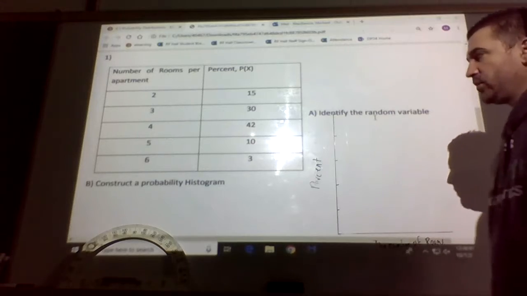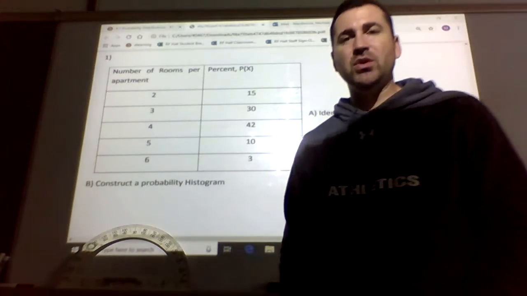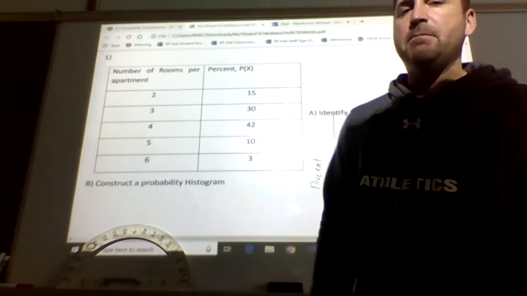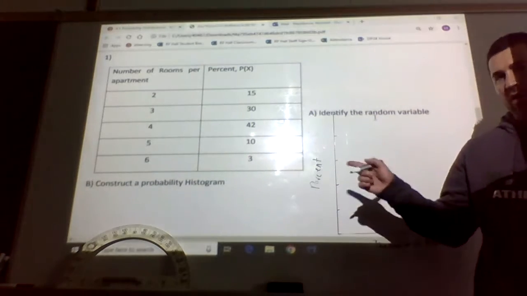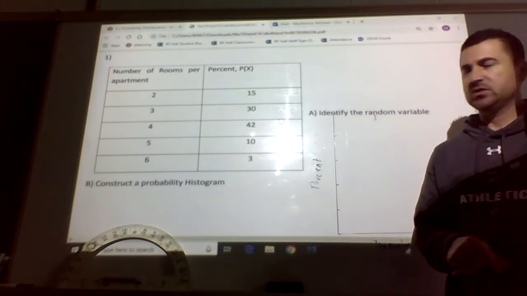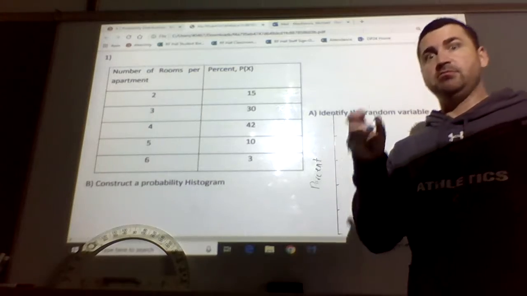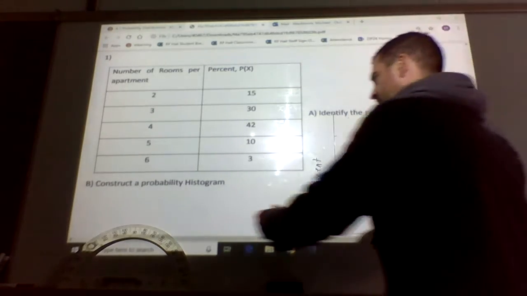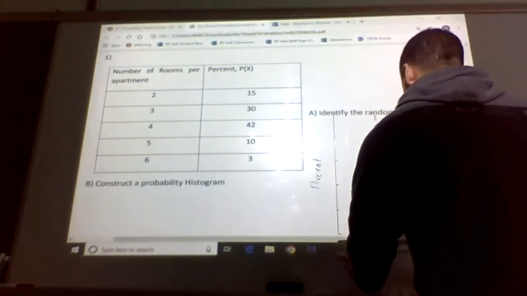Okay, so a histogram is very, very similar to a bar graph. A bar graph has bars but has spaces in between the bars. A histogram has the bars but no spaces in between. So I'll show you how that works.